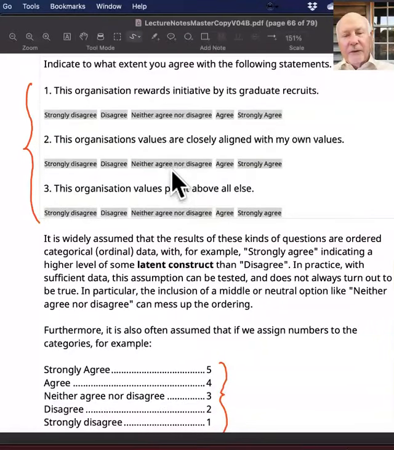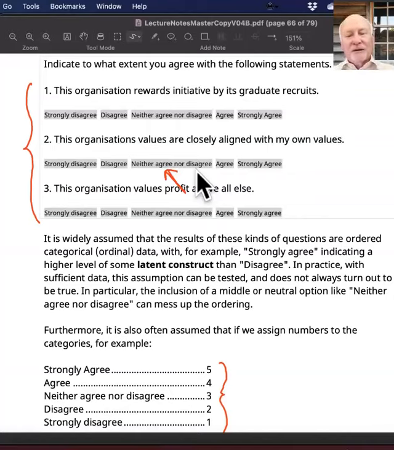With the 5-point Likert, the big problem is this neither agree nor disagree. What it's supposed to be is a level of the latent construct being measured, somewhere between disagree and agree. But the problem is that it gets selected by people who don't understand the question, don't want to answer the question, or are just lazy and want to flick through the questionnaire.